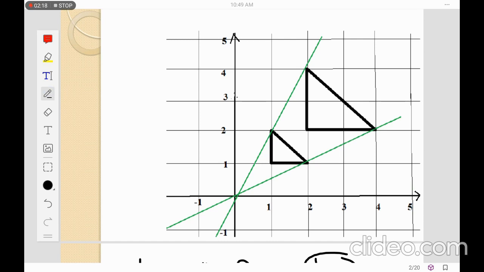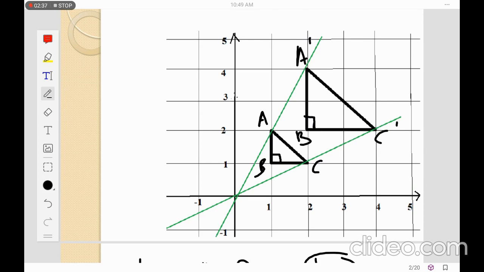So the angles also will be the same. This was our A, our B, our C, and these are our images. The angle here is 90 degrees, the angle there is 90 degrees, it's the same. So the geometry will be the same.